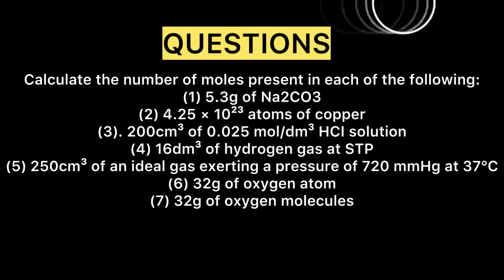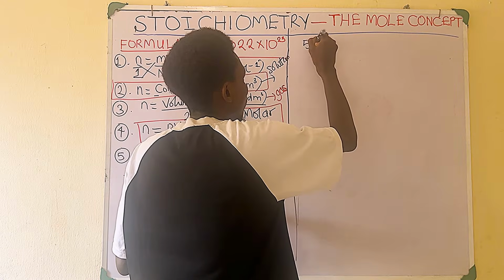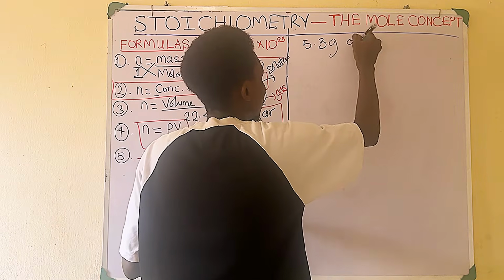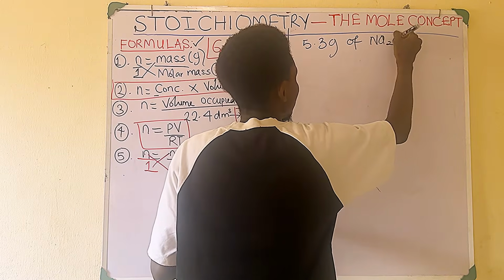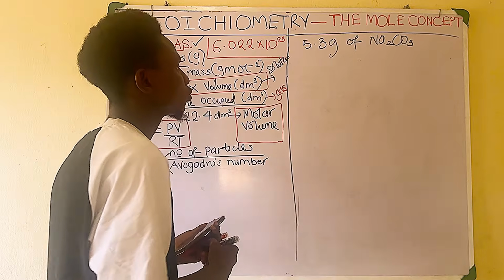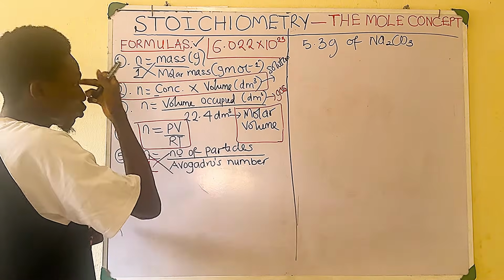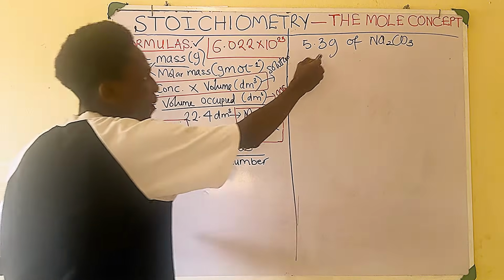Now, let's quickly start with the first question there. It says that 5.3 grams of Na2CO3. So now what do you do in this question? The first thing is, what formula are we going to be using? I still have the formulas here so we can relate them. So the first formula, you say mass.